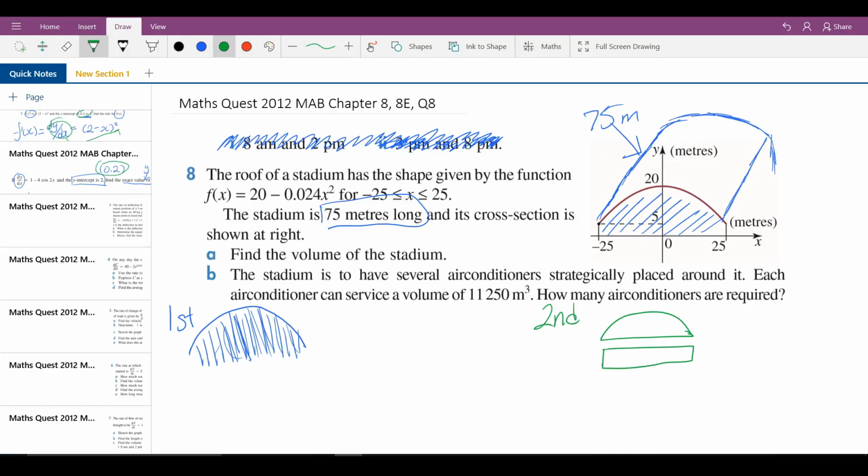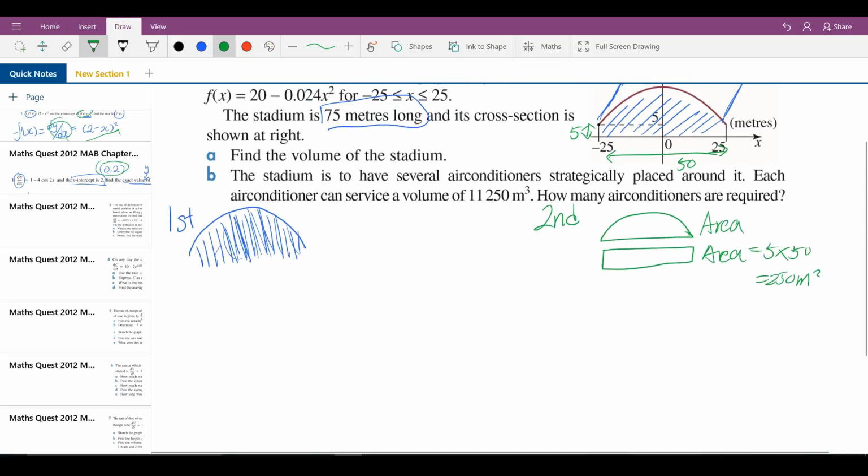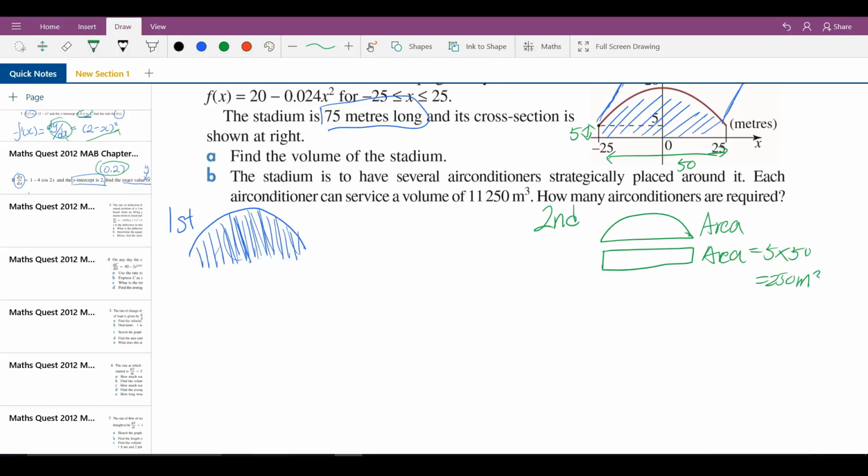The rectangle has a height of 5 and a length of 50, so its area is 5 times 50, which is 250 meters square, plus whatever the area of the arc is. I'm going to show you the first method first, just integrate it.